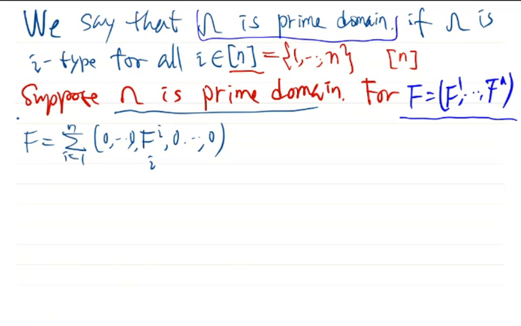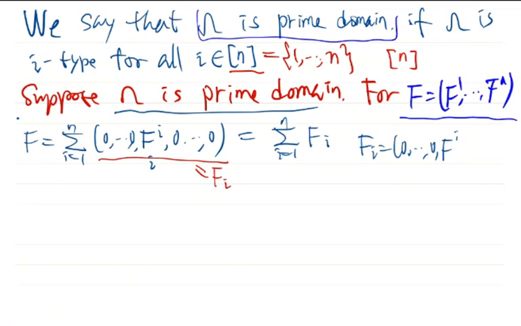This will be denoted by Fi. So the general F can be written as the sum of all the Fi. The super index i means the i-th component of F, which is a real valued function, but the lower index Fi here is 0, 0, Fi, 0, 0, a vector valued function. The meaning is different. You should not confuse this.